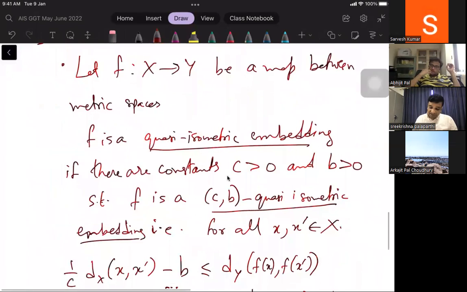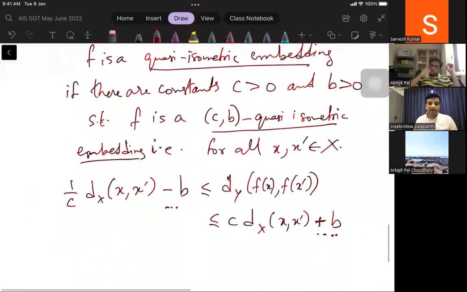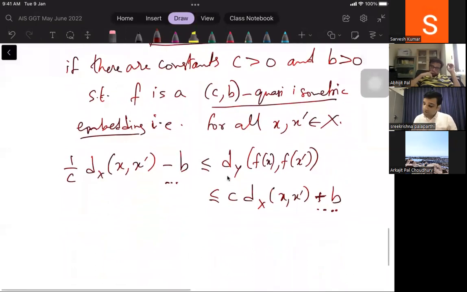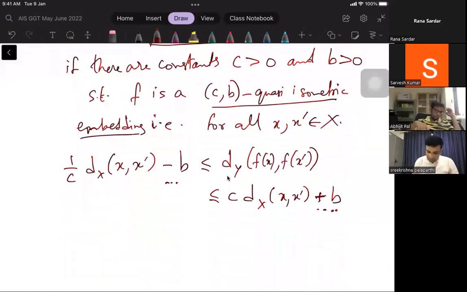We'll see that this addition and subtraction of B is the one which gives some room for there to be holes in the space. So now topology is totally lost. In particular these maps will not be continuous. We'll get to that.